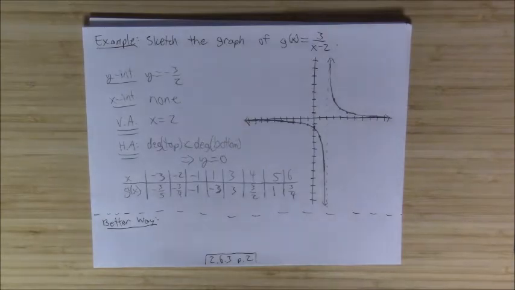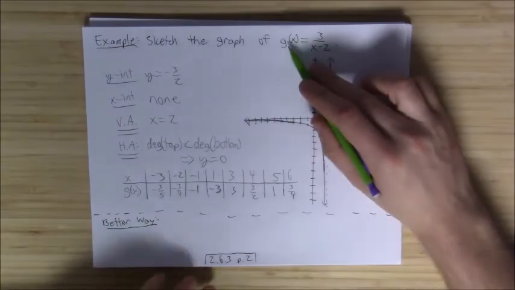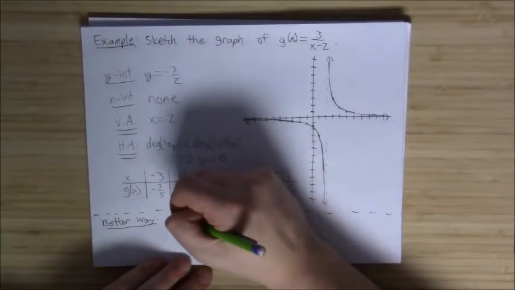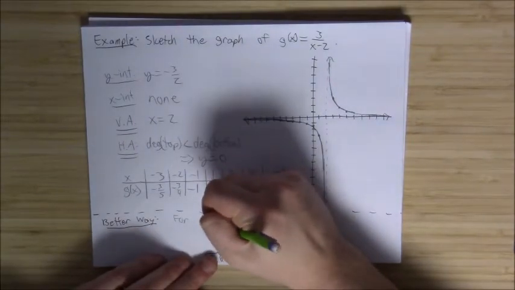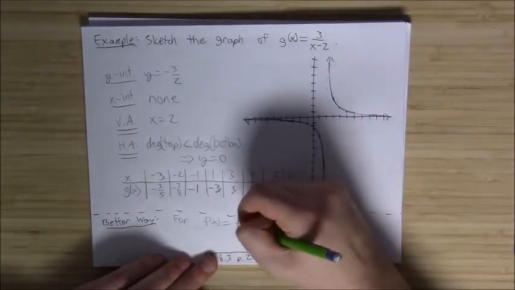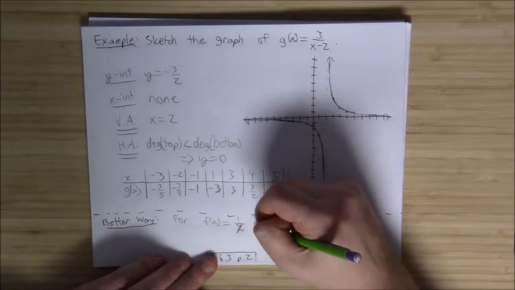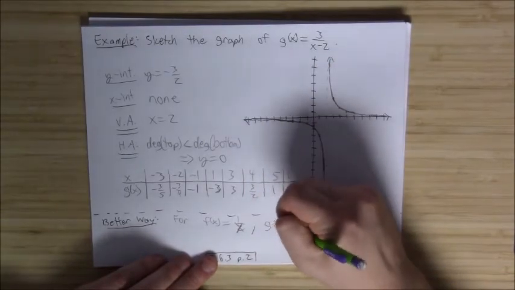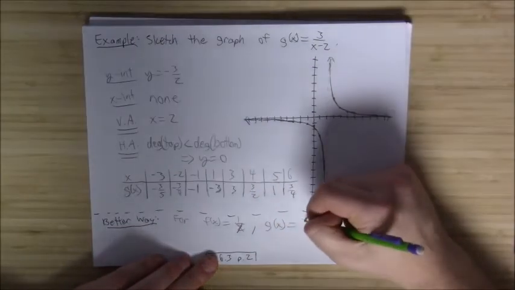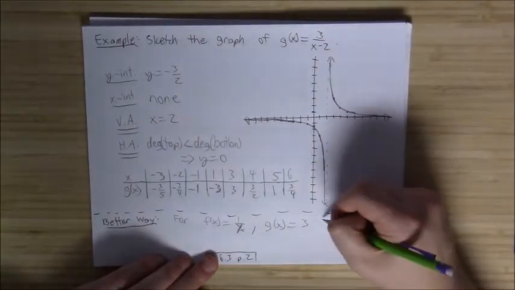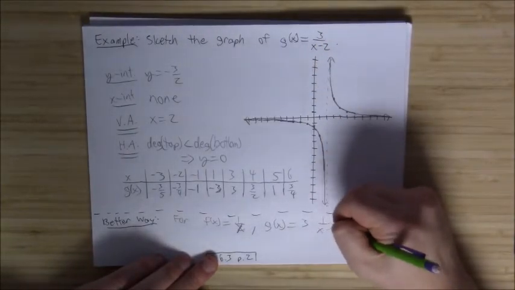There is, however, a better way to see this, which is that this is really a transformation of f of x equals 1 over x. What we see is that g of x, we can factor out the 3, and then we have 1 over x minus 2.